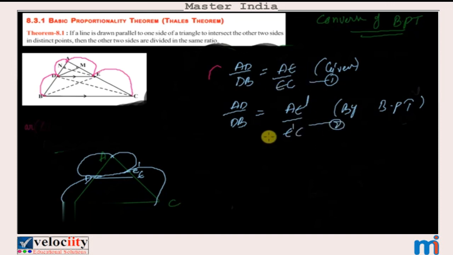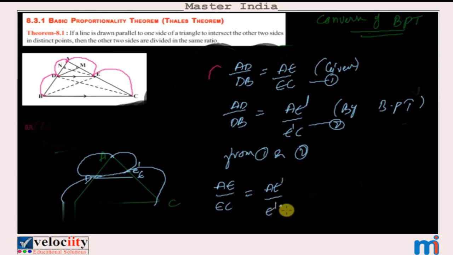The left hand side is equal, AD by DB. So from 1 and 2, I can equate the right hand side: AE by EC should be equal to AE dash by E dash C.